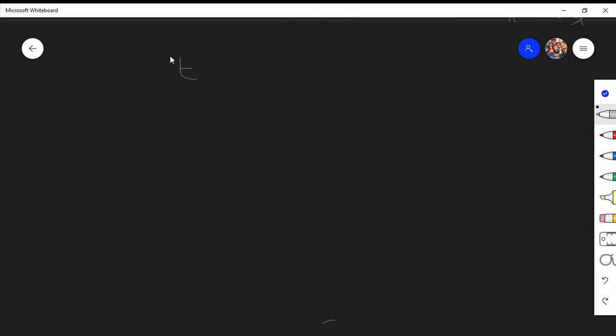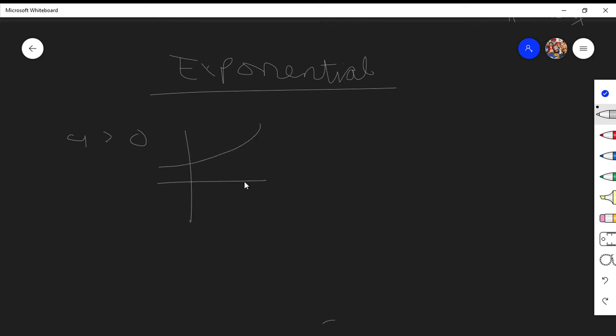Okay, so when dealing with our exponential function, a greater than 0, and the function will look like this. This will be an increasing function because as the value of x gets bigger, our y values also increase.